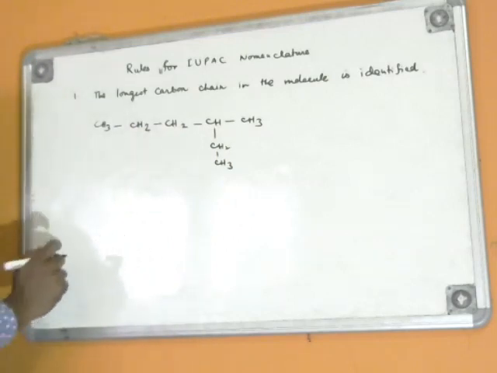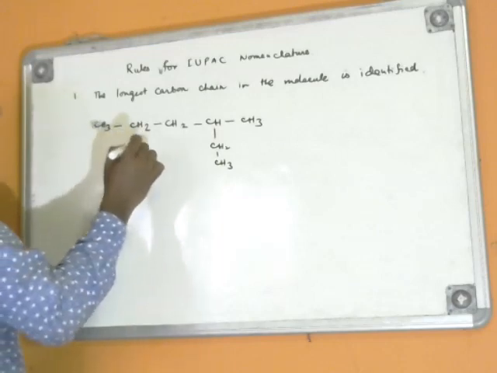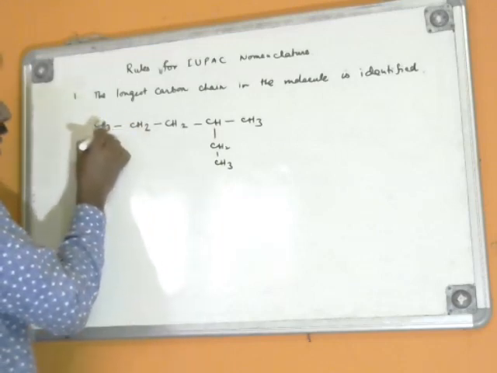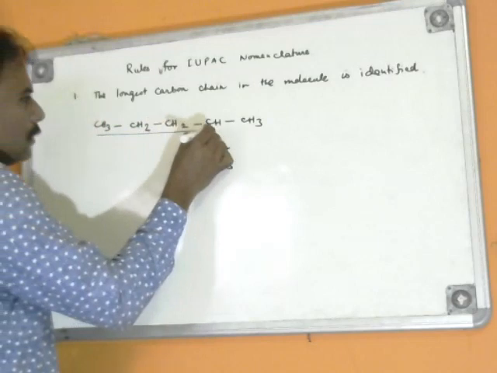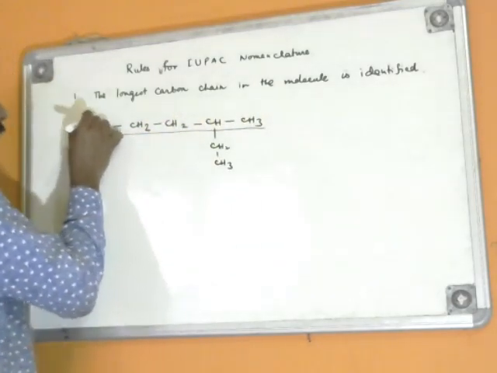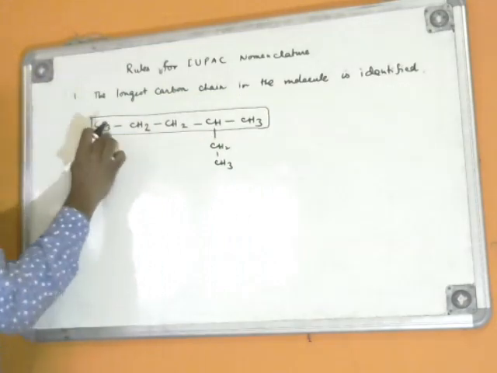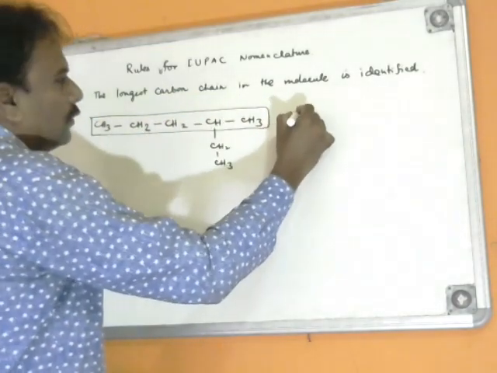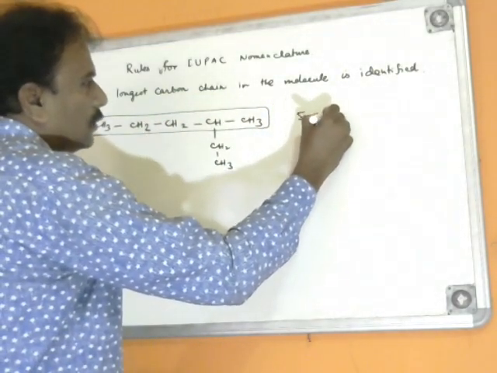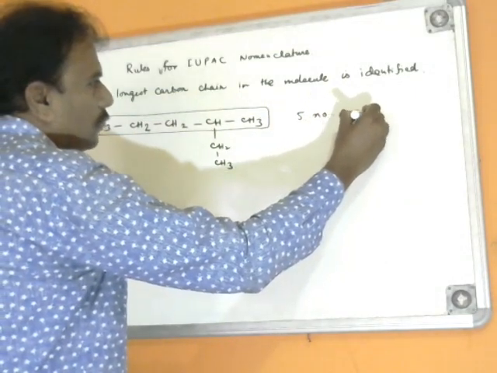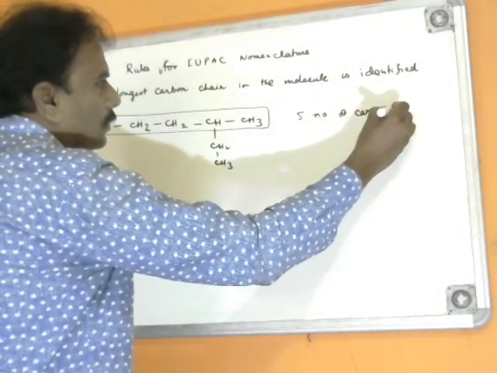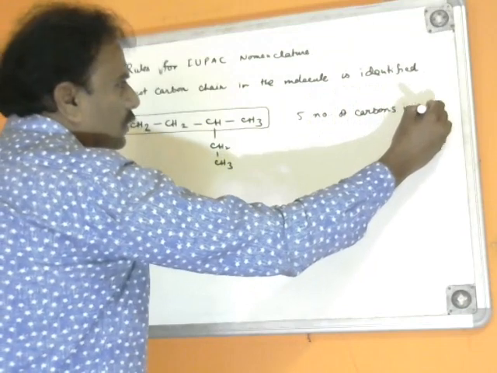So here this is a carbon chain which has 1, 2, 3, 4, 5, 5 number of carbon in the chain.